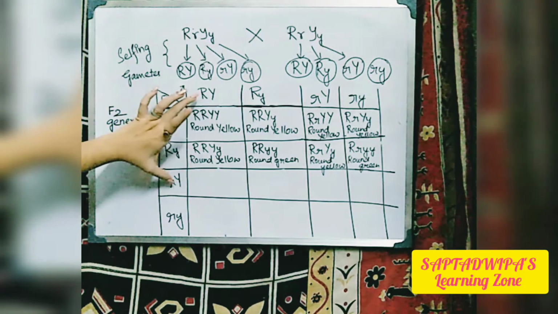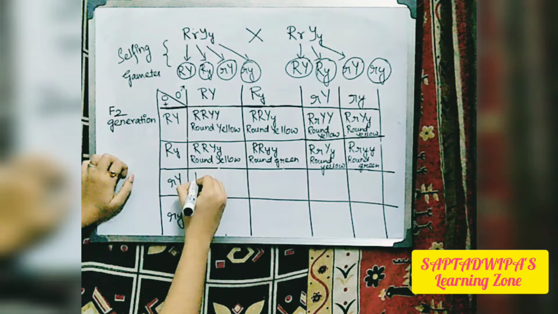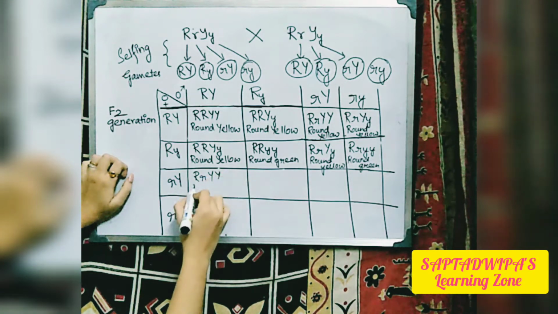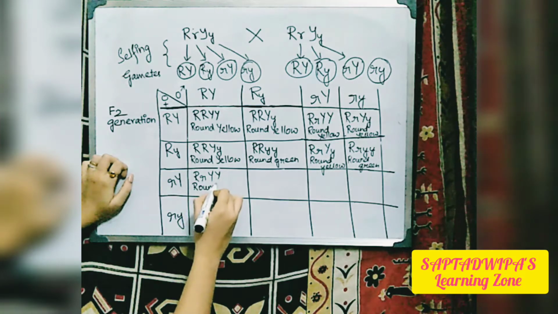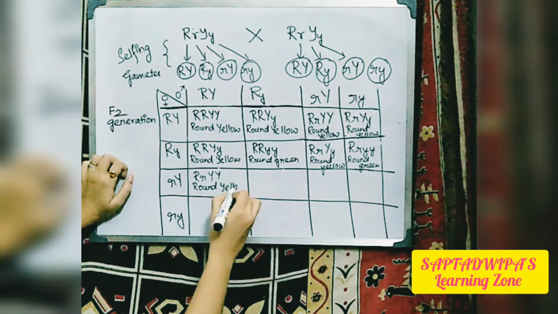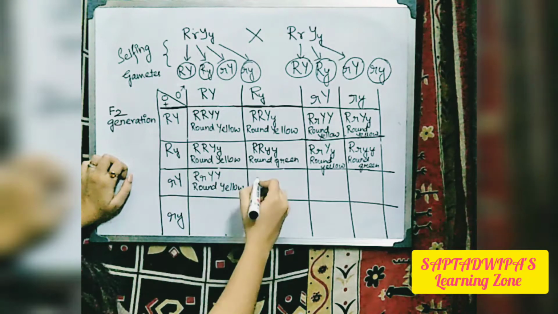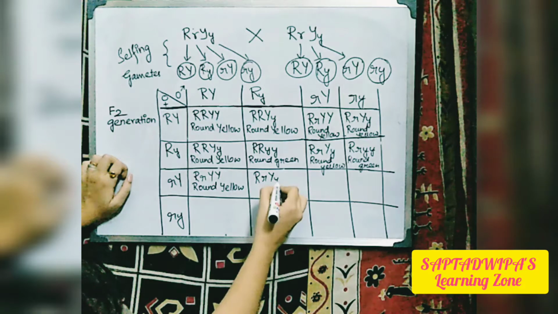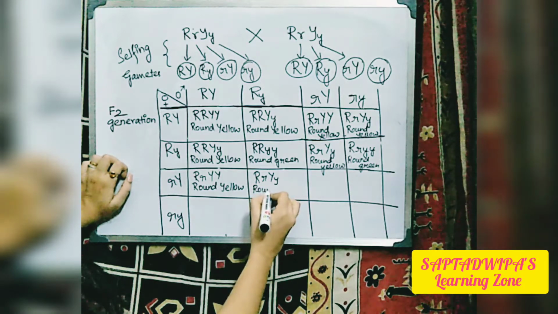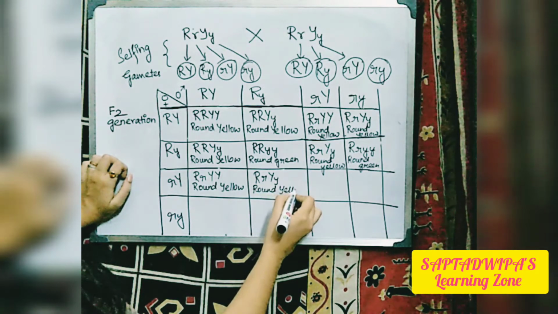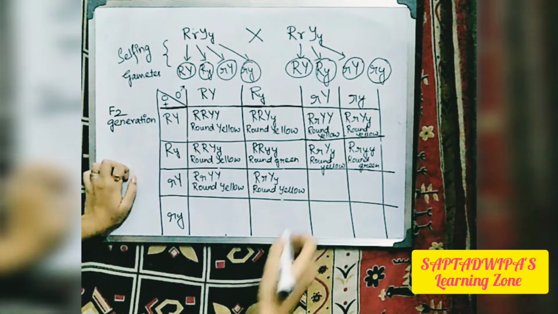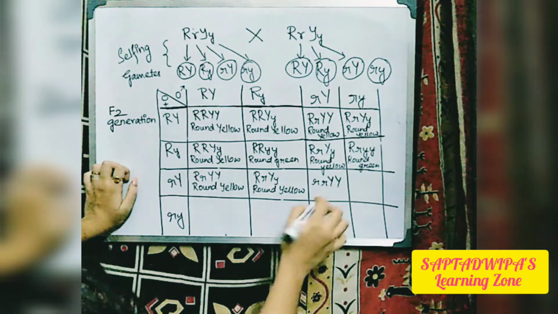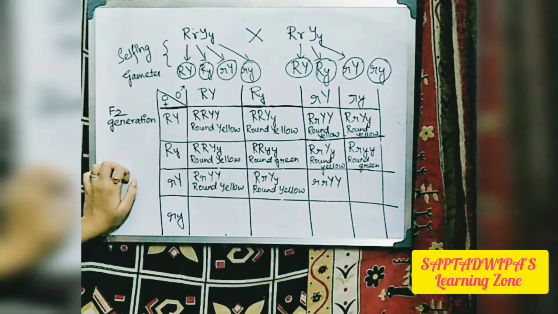So let's move to the next, this one again. So capital R, capital Y and capital Y. So round yellow seeds. Now this one, capital R, capital Y, small y. So round yellow again. Coming to the next, small r, capital Y. So here both the r's are small.